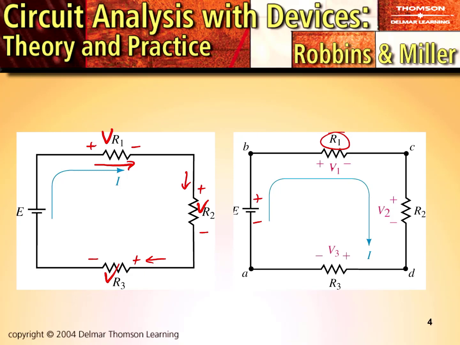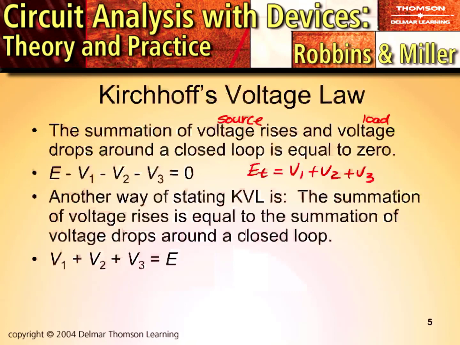So that means this voltage opposes the source. This voltage opposes the source, and so does this one. So when they're added to the source in series, they have to be added as a negative value. So that's why you see what you see in this first equation.